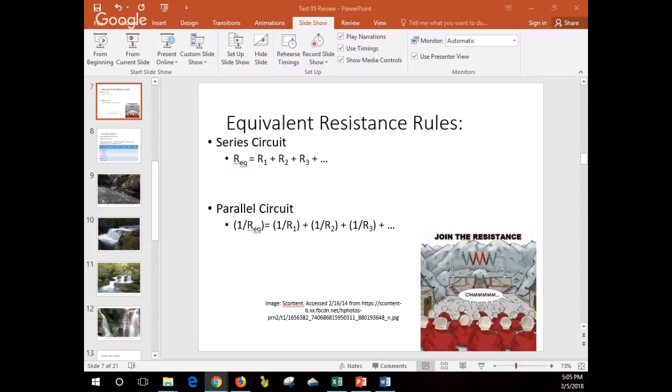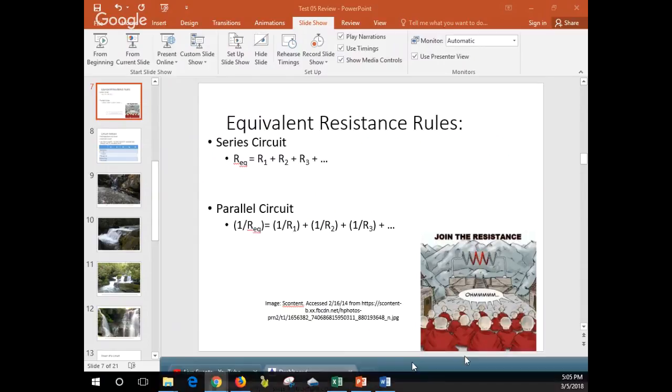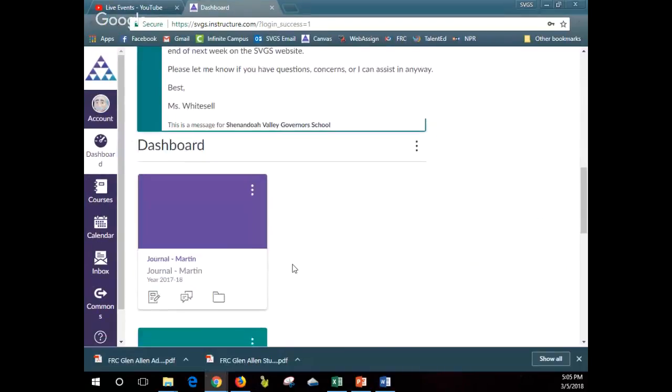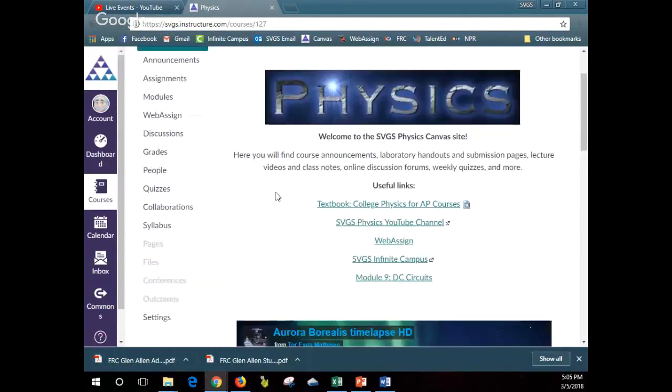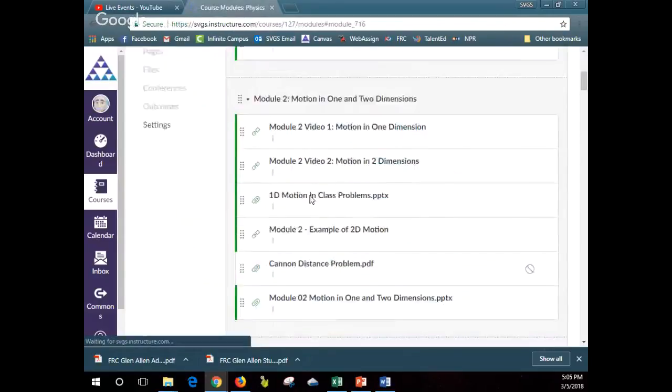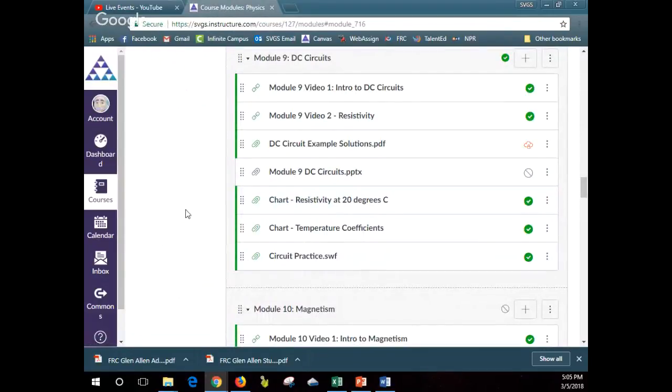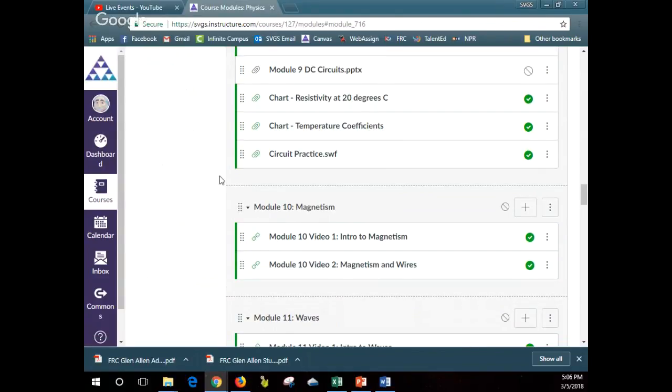On Canvas, if you head to Module 9, there's this thing called circuitpractice.swf. This was actually created by one of my students from my first year teaching.